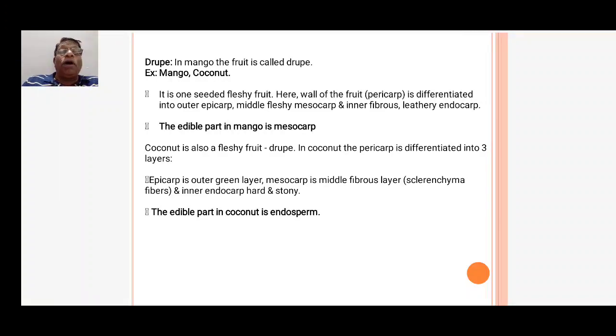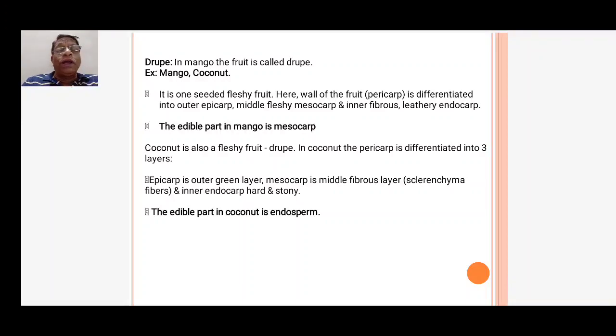The edible part in mango is mesocarp. And the inner endocarp is fibrous, leathery. ವಾಟೆ ಅಂತ ಕರಿತೀವಿ ನಾವು. ಅದರೊಳಗಡೆ ಸೀಡ್ ಇರುತ್ತೆ, ಬಿಸಾಕ್ಟ್ ಯೂಶಲಿ. So thus there are 3 layers. Most important part is the middle layer, mesocarp in mango is edible.